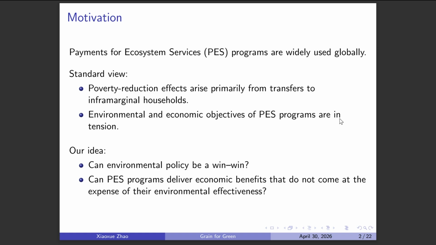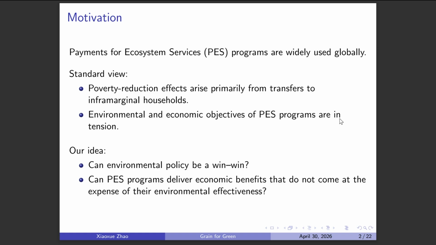While the existing literature has documented the dual effects of PES programs on both environmental protection and poverty reduction, the usual view is that there's a major trade-off between these two potential benefits of PES programs, right?